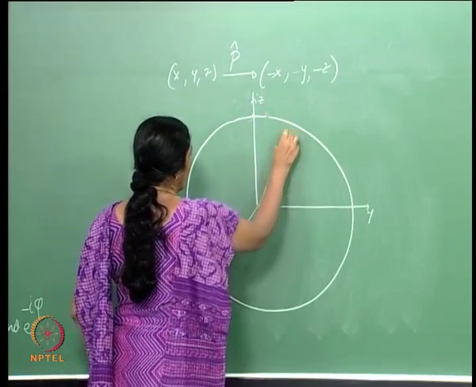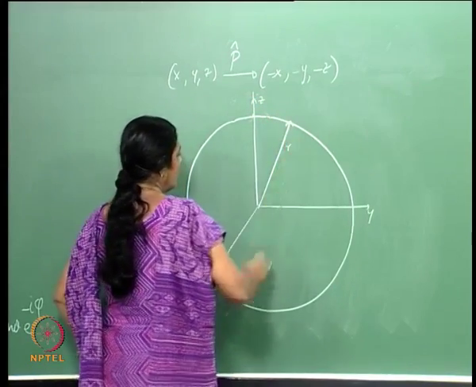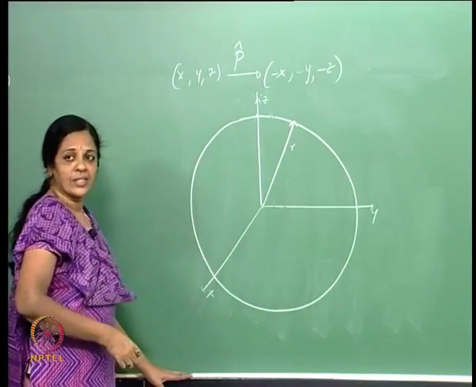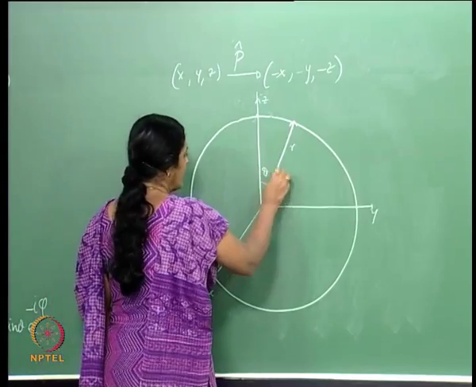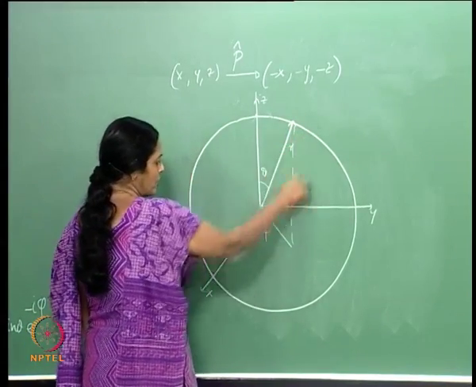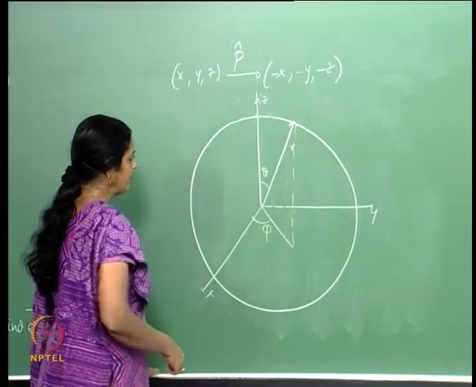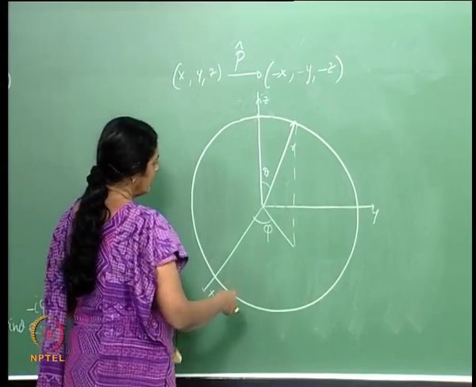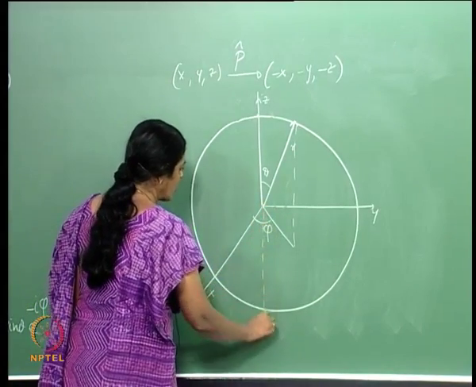I have a vector r here, which means the radial coordinate is r and the angles are theta and phi, once I make a projection onto the xy plane. So, this is a continuation of the z axis.